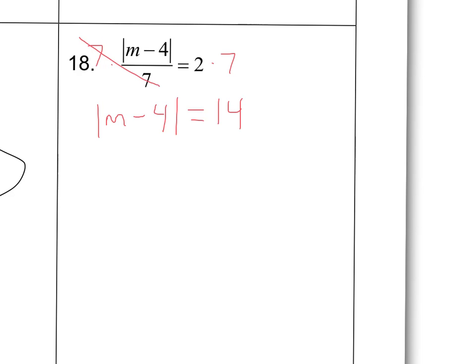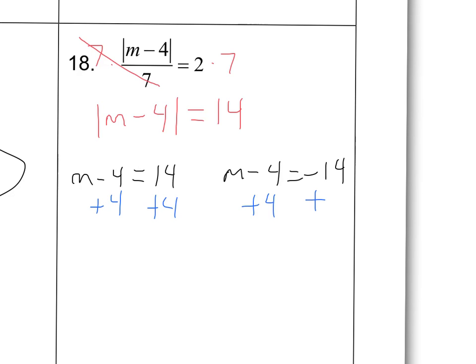Now we go back through here. We have the absolute value symbol isolated. So let's go ahead and write out our two equations. So m minus 4 equals 14. M minus 4 equals negative 14. And then from here we can simply solve that for m. So we add 4 all the way across because we are undoing the subtraction there by adding.